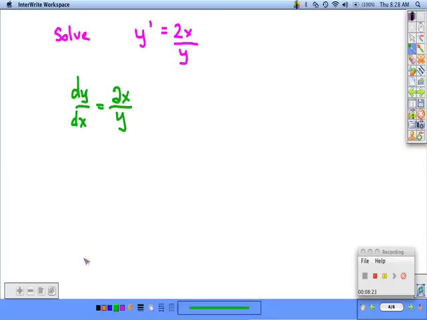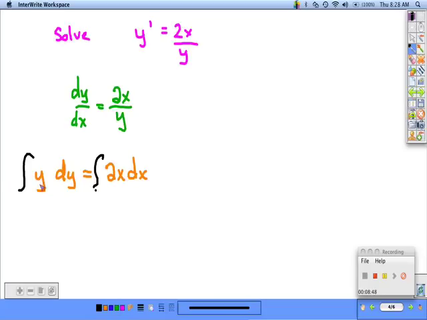We want to separate the x's and the y's. So I'm going to multiply both sides by y and multiply both sides by dx. I get y dy equals 2x dx, and now that it's separated, I'm going to integrate both sides.